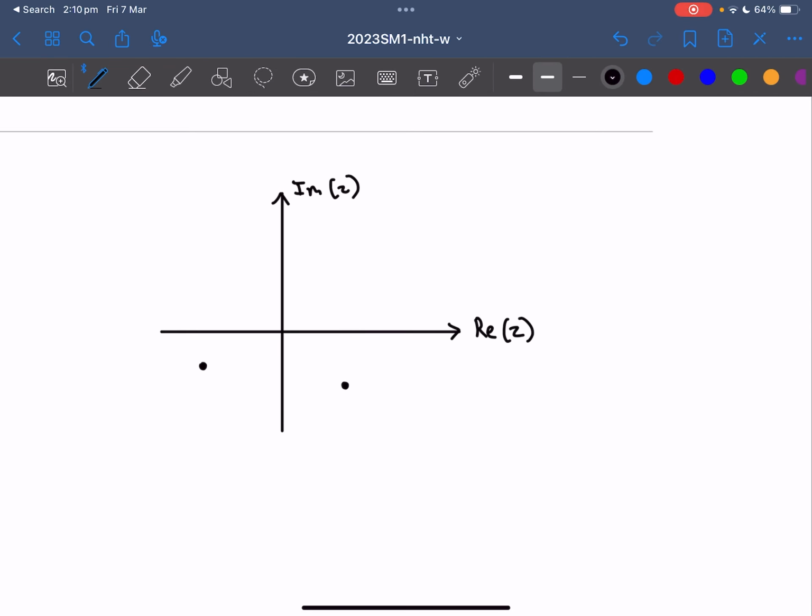Now we can consider this as a set of coordinates. So this coordinate over here is minus root 3 comma minus 1, and this one over here is root 3 comma minus 1. Now we can just simply apply the formula to calculate the distance. So our two coordinates are minus root 3 and minus 1, and the second one is root 3 and minus 1.